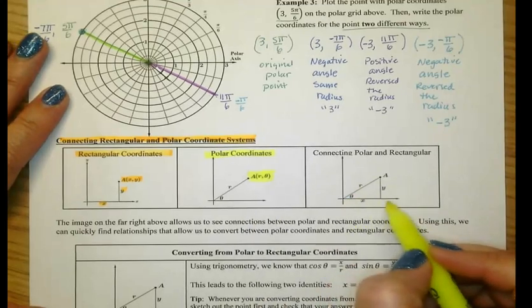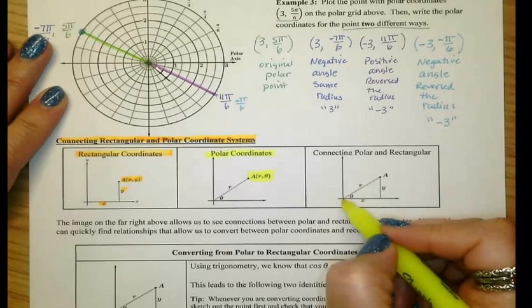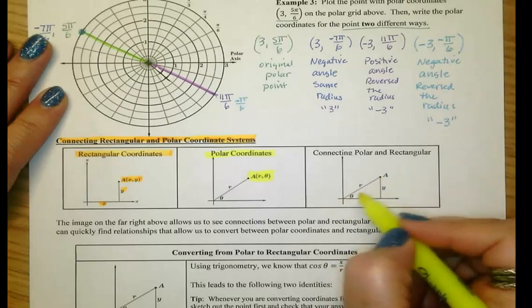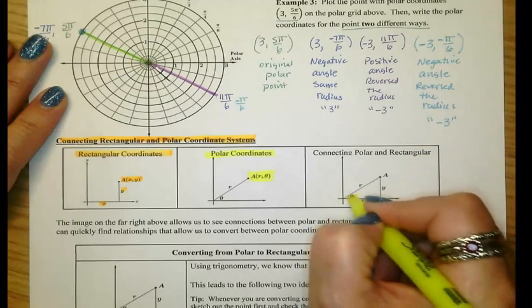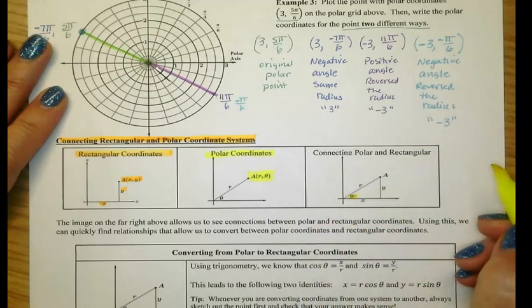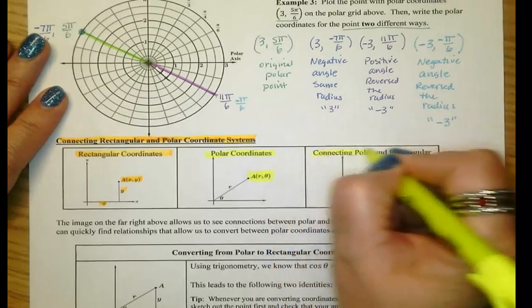So imagine that we have our x and our y distance that gets us to A, or we have a distance from the pole and an angle, the angle from here to here, that gives you that A. So that's how they're connected together.